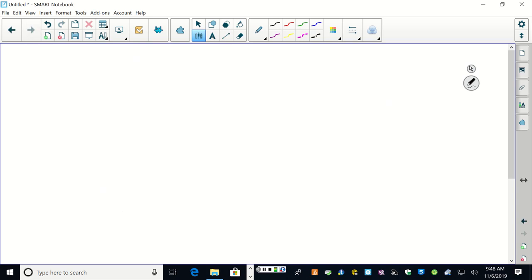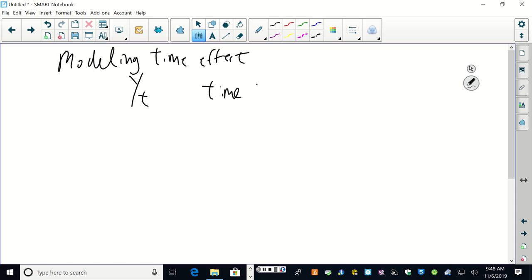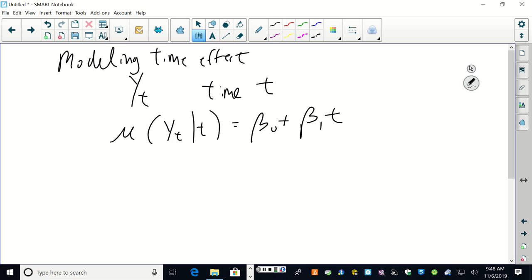So in modeling the time effect, we have our y sub t variable, and then time is just given by t. If there's a linear change in time, we could model y sub t, given t, as a linear function of time, beta 0 plus beta 1 t, and that would just say that it's growing.